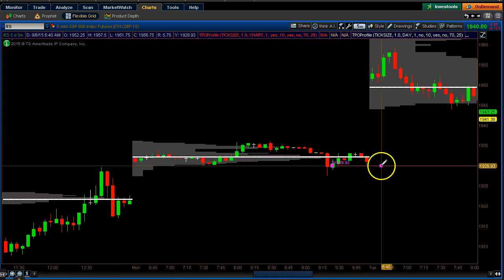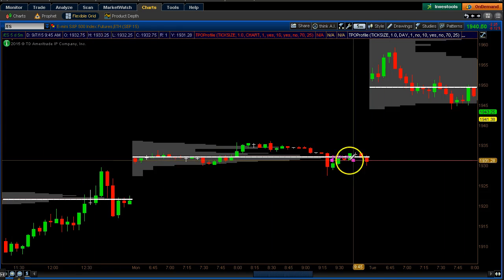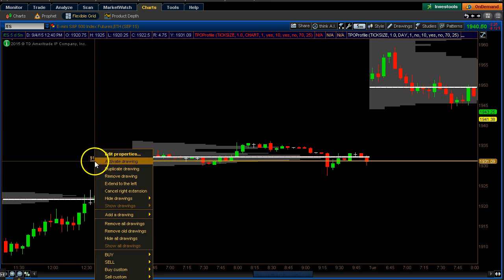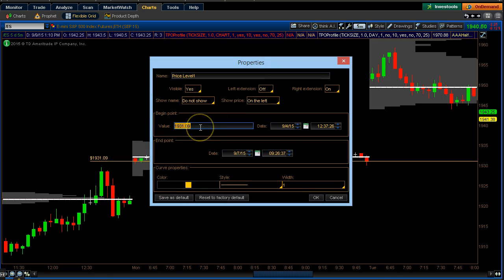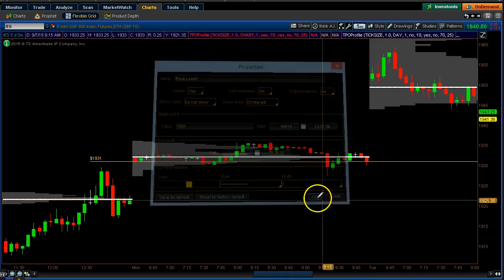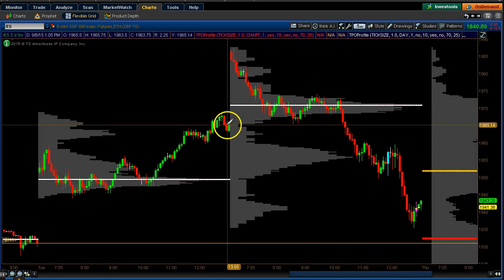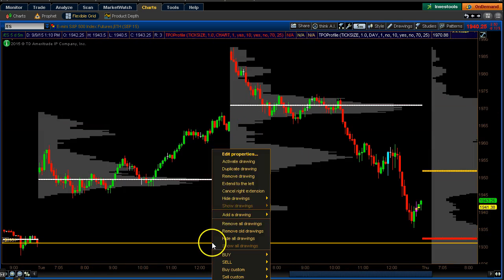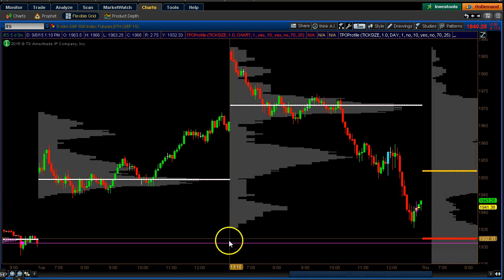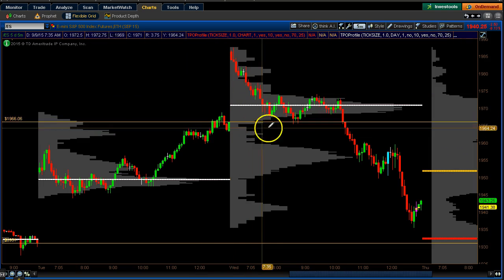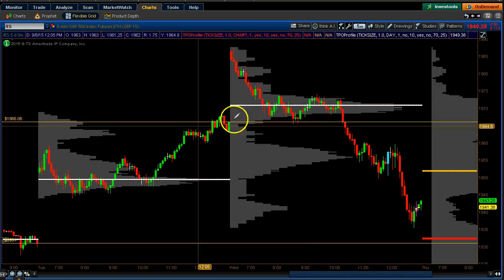The closing price right here was 1931, so we'll put it right here at 1931, edit, 1931, and we have a gap. Now, we had a gap yesterday right here, so I'll duplicate this, bring it up, and put the gap right here at 1966, because it closed there. Look at price, it came right down and we bounced.